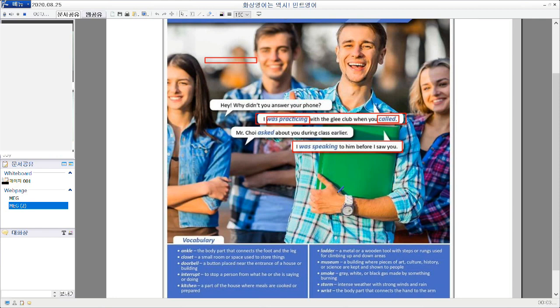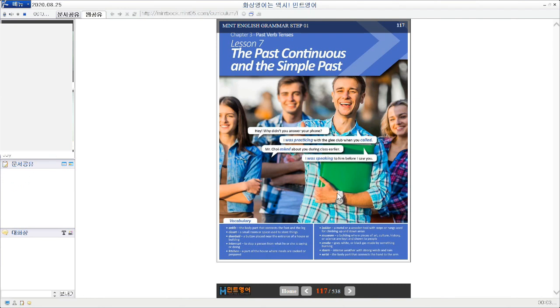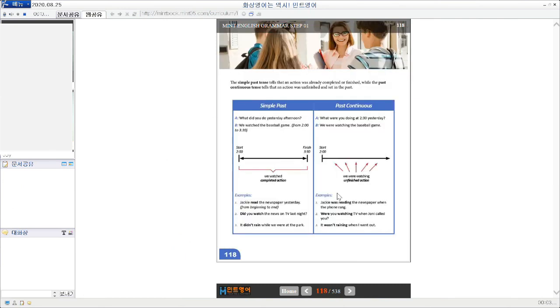It's okay. Asked is simple past. Correct. Was speaking is past continuous. Awesome. So let's study the patterns for simple past and past continuous.